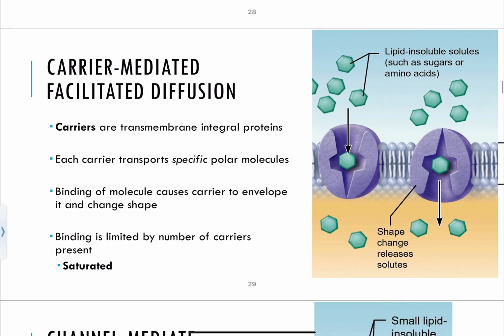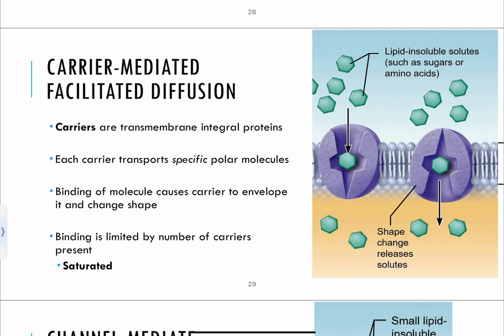So let's look at the first type of facilitated diffusion, which is carrier-mediated. And these carriers that are going to help facilitate the movement of the molecule across the plasma membrane are integral proteins. So we can see they're embedded right here. And each carrier can transport a specific polar molecule or a specific class of polar molecules. So they are pretty specific. They don't just allow anything to cross.